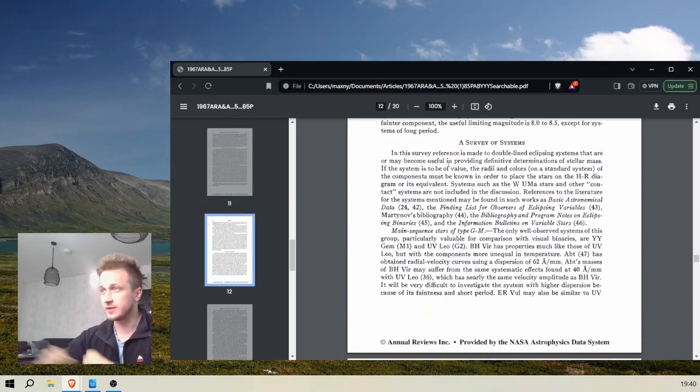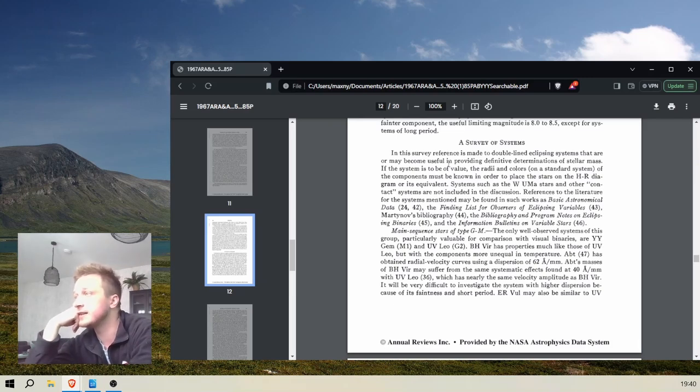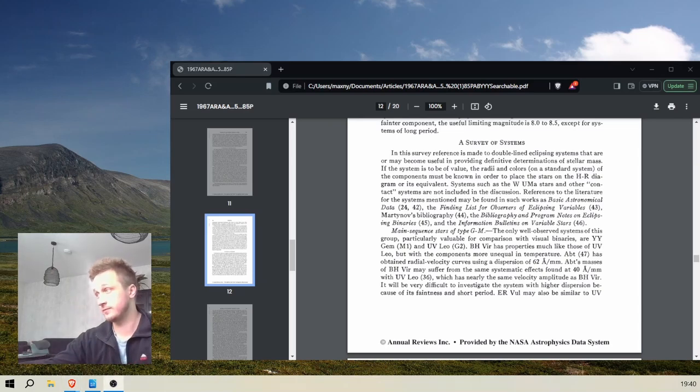So, a survey of systems. In this survey, reference is made to double-line eclipsing systems that are or may become useful in providing definitive determinations of stellar mass. If the system is to be of value, the radii and colors on a standard system of the components must be known in order to place the stars on the HR diagram or its equivalent.